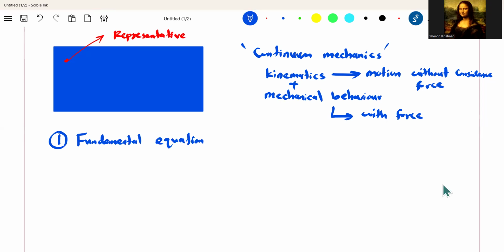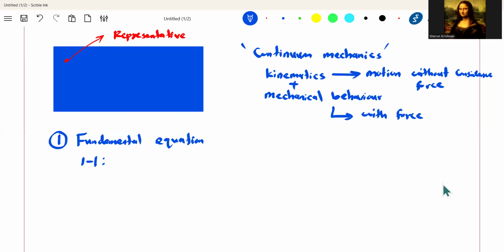How do we develop these fundamental equations? Using some universal laws. The first one, we use the balance of mass. That means the principle of mass conservation.